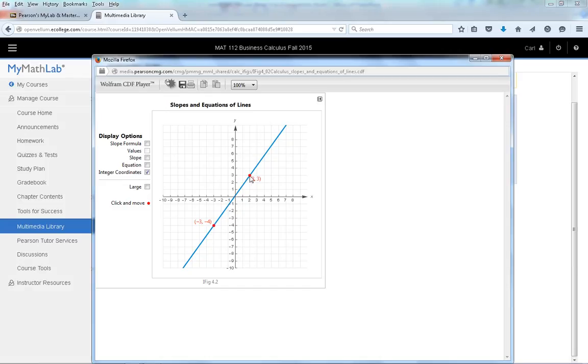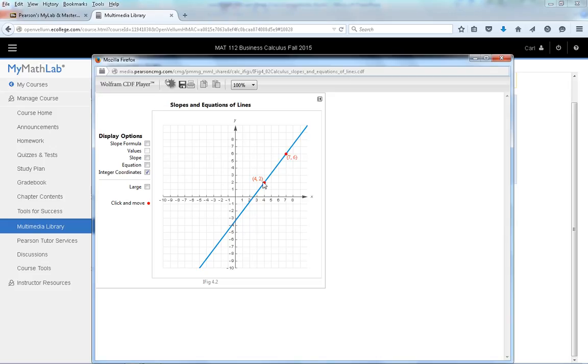We can take points, and I'm going to move these, and I'm going to start with one where we've got both positive x and y values. So now you can see that the line does not go through the origin. So in this case, we have one point at 7, 6, the other point at 4, 2. Now, the slope of a line tells how steep a line is.